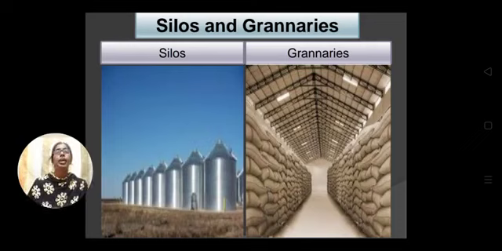Then the next one, on the right side, is the granary. This is a big godown where the seeds or grains are packed in jute bags, and the jute bags are systematically kept in the godown, after drying the seeds and treating them chemically.